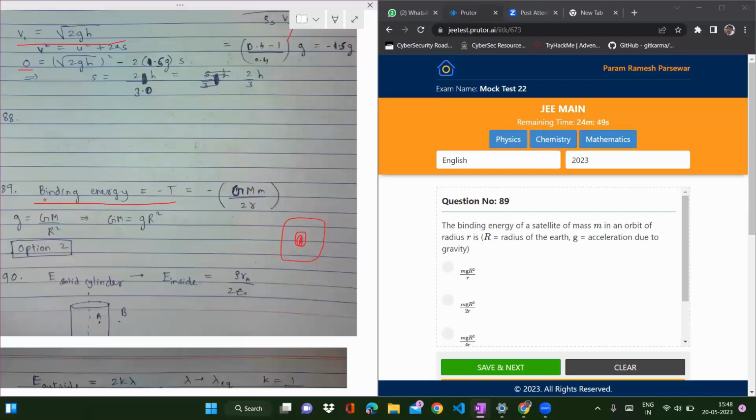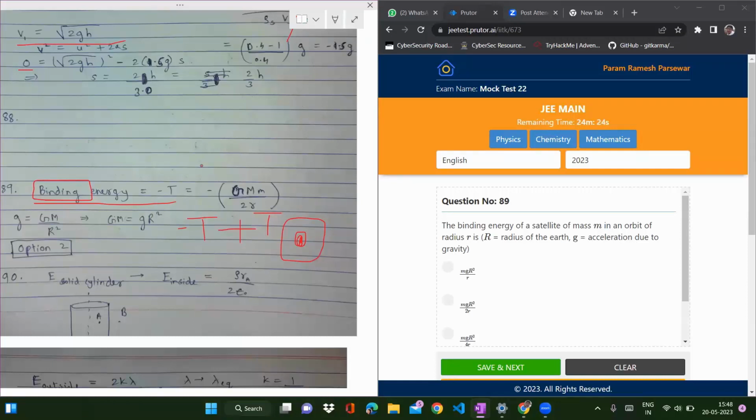The binding energy is therefore, the term binding is used, the negative of T, because if we provide an extra T amount of energy, the total energy will become minus T plus T, which is zero, or if just greater than T, by a small amount, then the energy will become greater than or equal to zero.